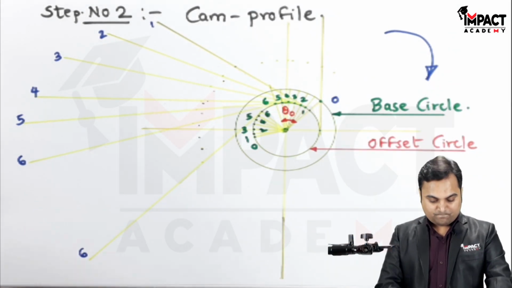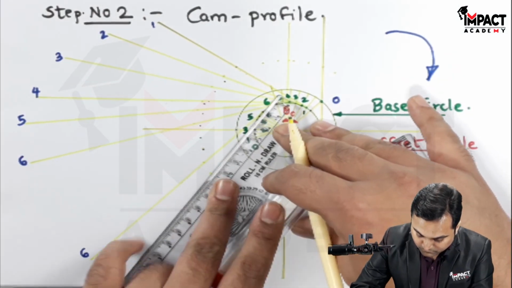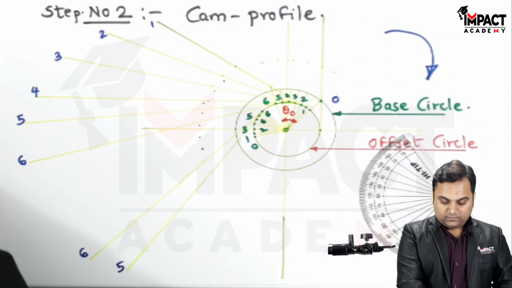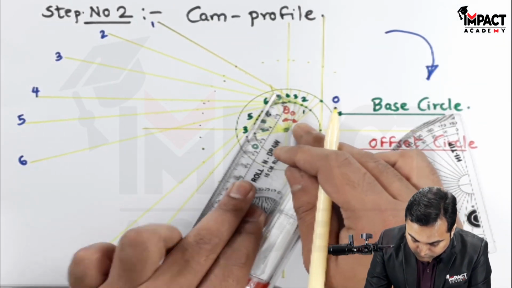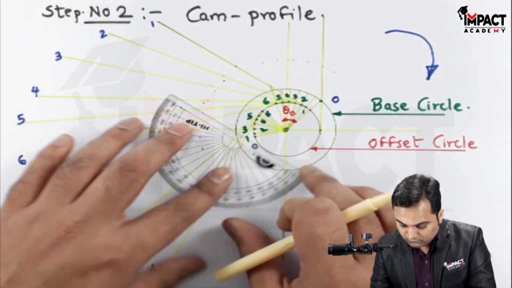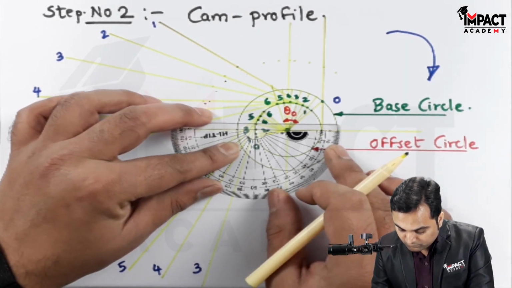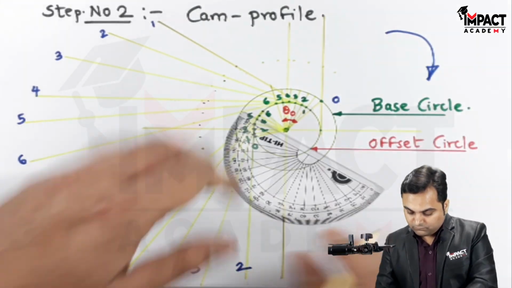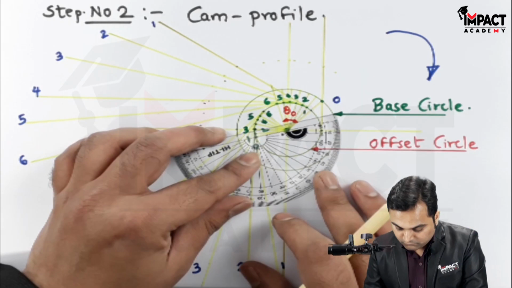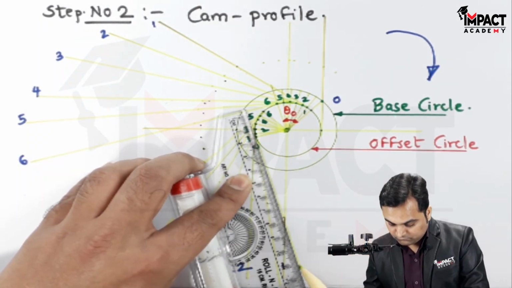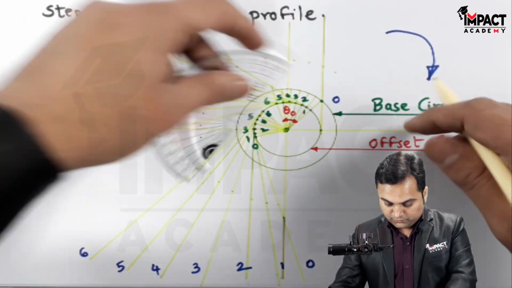Here this was 6, starting with 0.5, then 0.4, for 0, and similarly here also I'll mark from 0 the tangent.